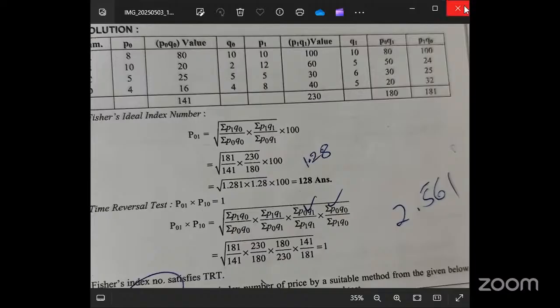So next, two problems we'll see on time reversal and factor reversal tests.